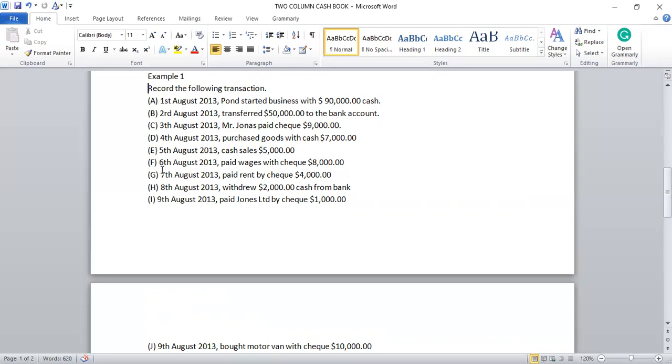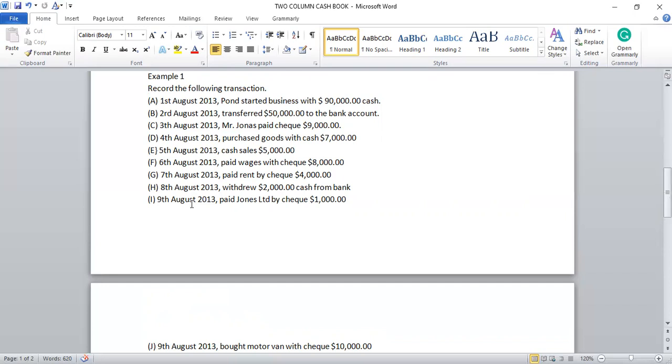F, 6th August 2013, paid wages with check $8,000. G, 7th August 2013, paid rent by check $4,000. H, 8th August 2013, withdrew $2,000 cash from bank.